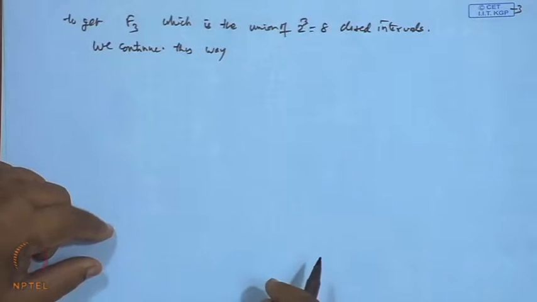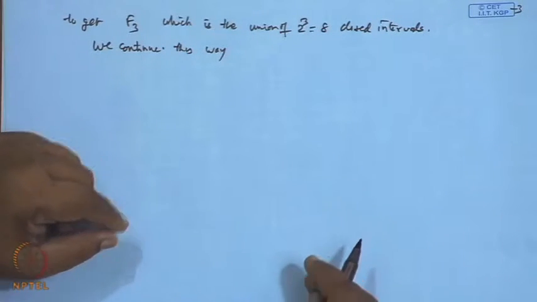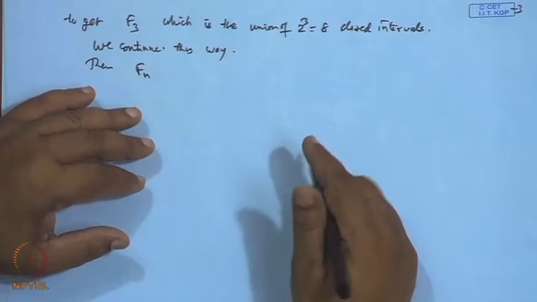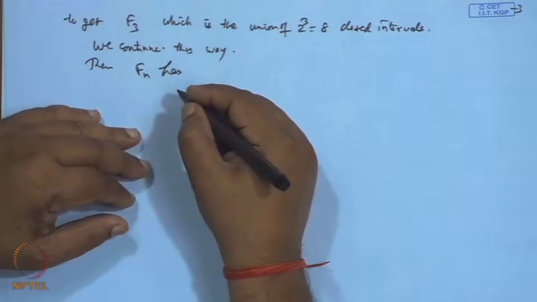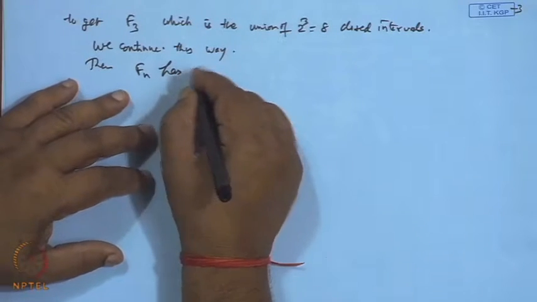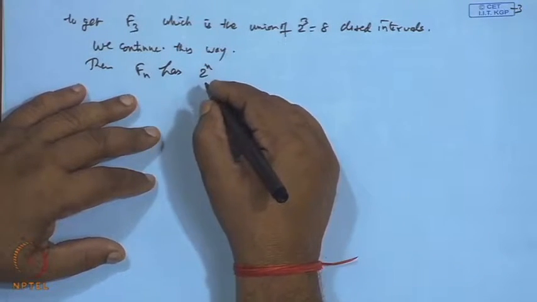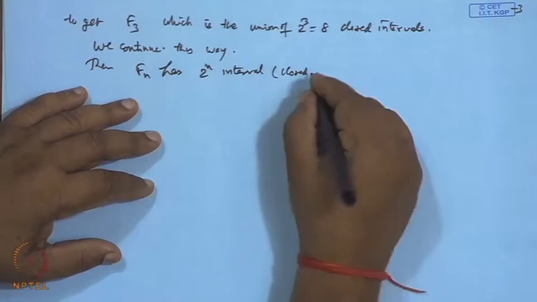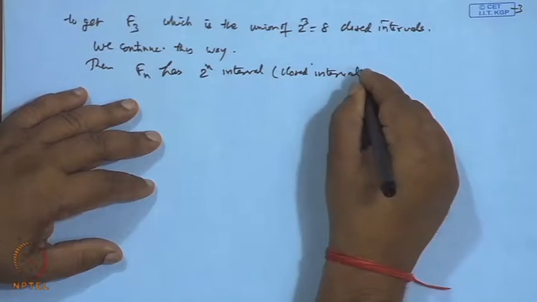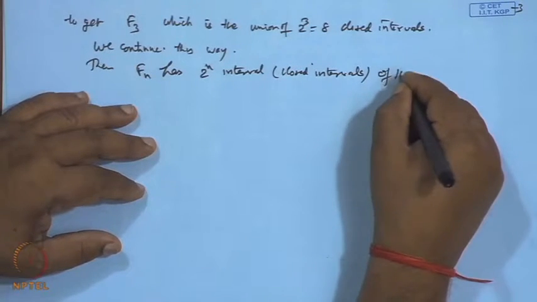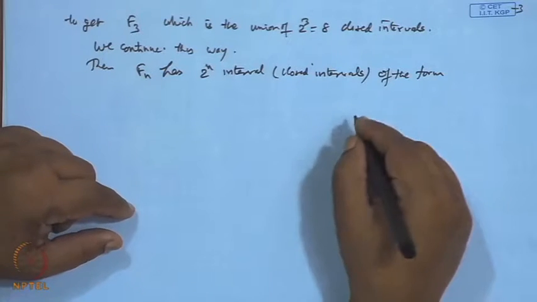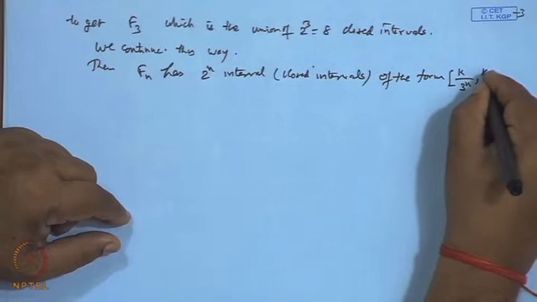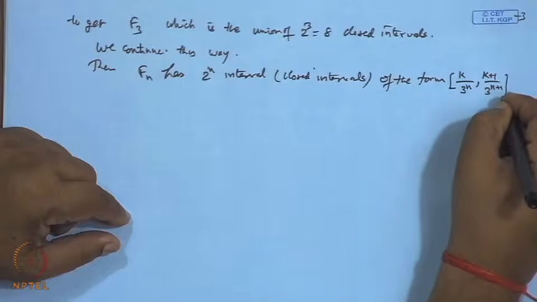So, what we get is that in the nth step, F n, at the nth step, has been constructed, has 2 to the power n closed intervals, of course, of the form k over 3 to the power n, k plus 1 over 3 to the power n, like this.